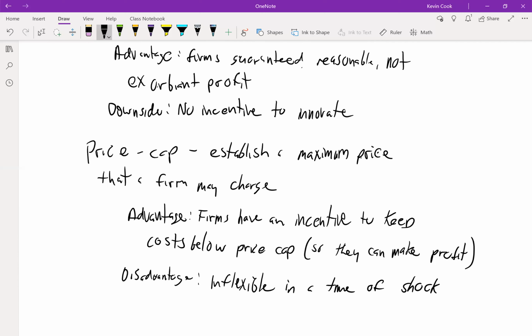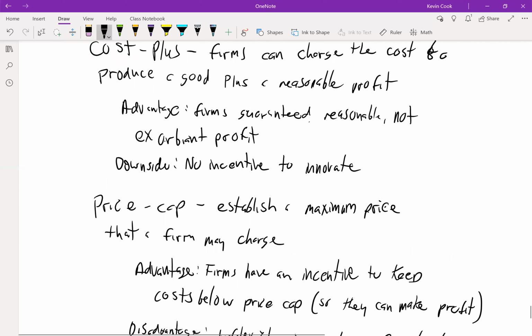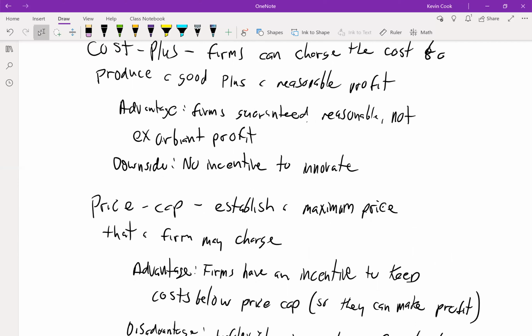However, if we put it together with the price cap, we can say the cost plus will keep their profits all right, but the price cap can make it so that they have to be mindful of their costs. Again, I think I said this in class when we did this, but this isn't meant to say certain people don't work hard, but maybe we don't want to pay an entry level customer service rep $500,000 a year, or something exorbitant like that.